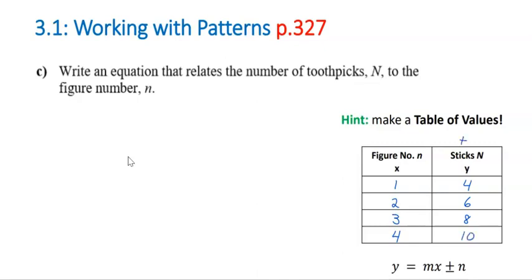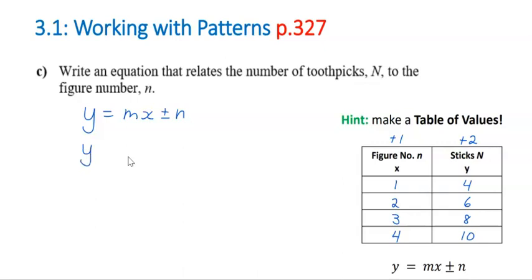So our pattern for our sticks, or capital N, or y, that's a +2 pattern. And the pattern for figure numbers is a +1 pattern. We look at our equation. Our multiplier is our y pattern. So we are going up by 2s.